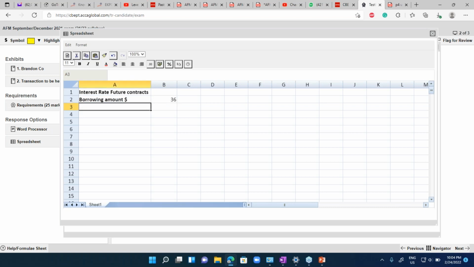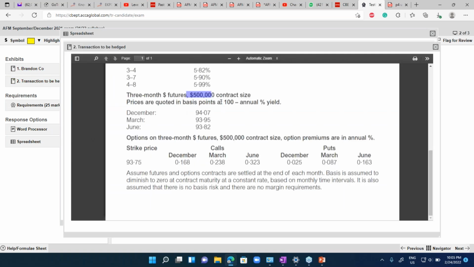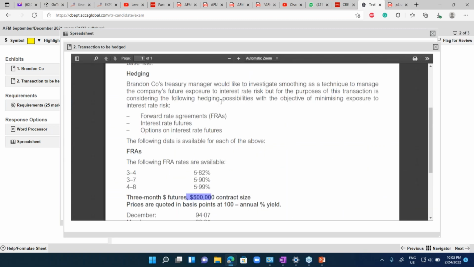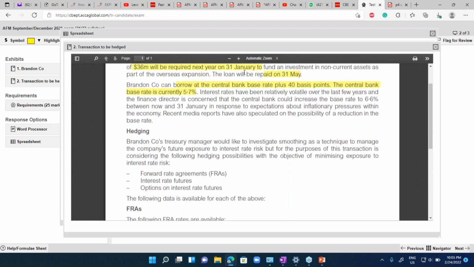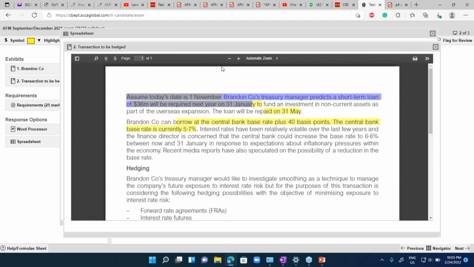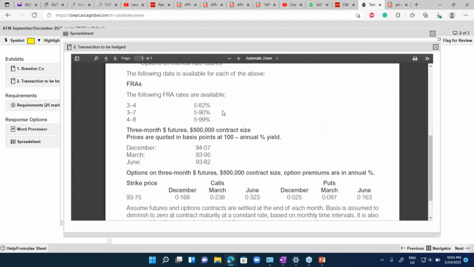Second step, as you are borrowing, you have to pay the interest, so that means it will be a sell future. For loan, it will be a sell future. Which contract? We are borrowing on 31st January, so we will choose the March contract, 93.95.